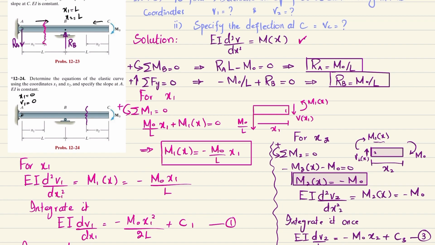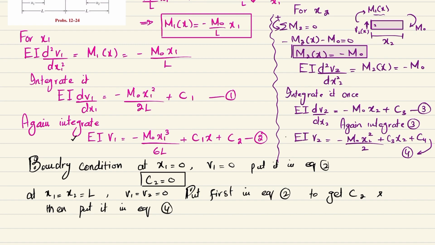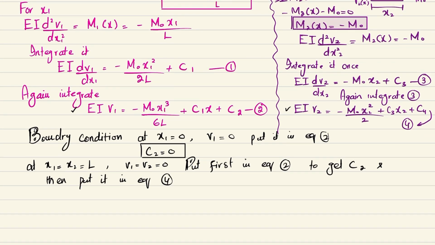So in both conditions you have V1 is equal to V2 is equal to 0. So here deflection will be 0. So you have to put it first in equation 2 to get C1, and then put it in equation number 4, this equation. So first we will put it in equation number 2.